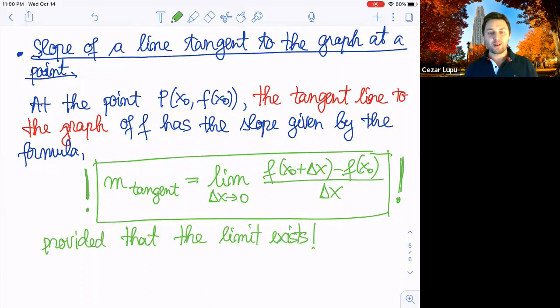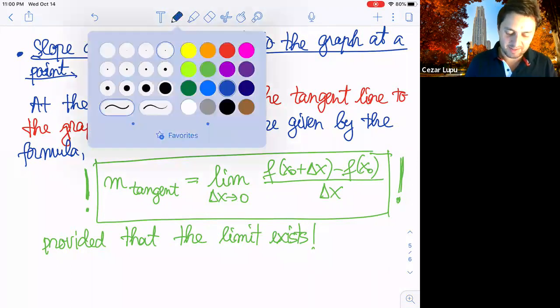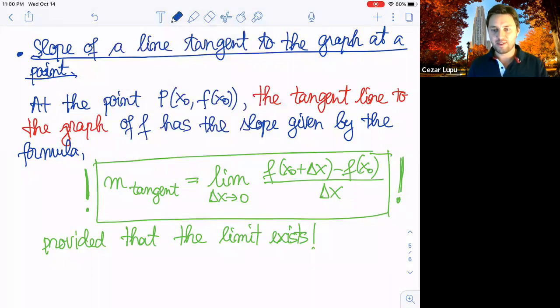If you look at this formula, the slope of the tangent line is nothing else than just, what you are about to see in this lecture, the derivative at that point, x naught. All right, so let's not mention it yet. Let me give you an example, and then we'll say explicitly what the derivative actually is.